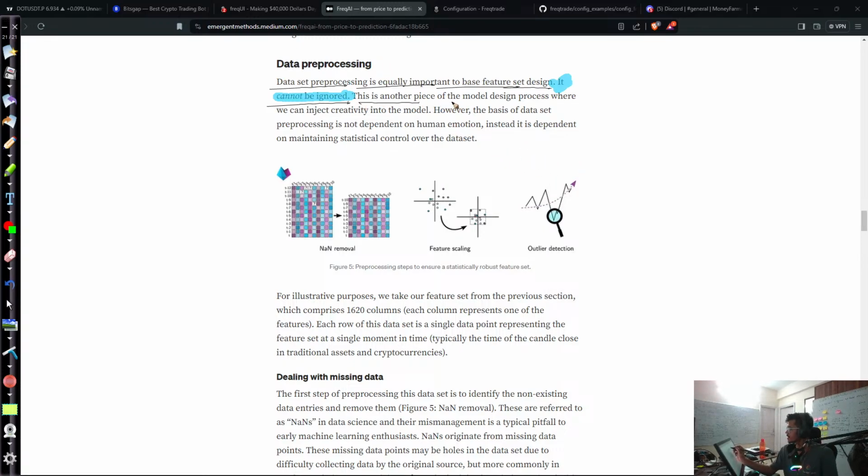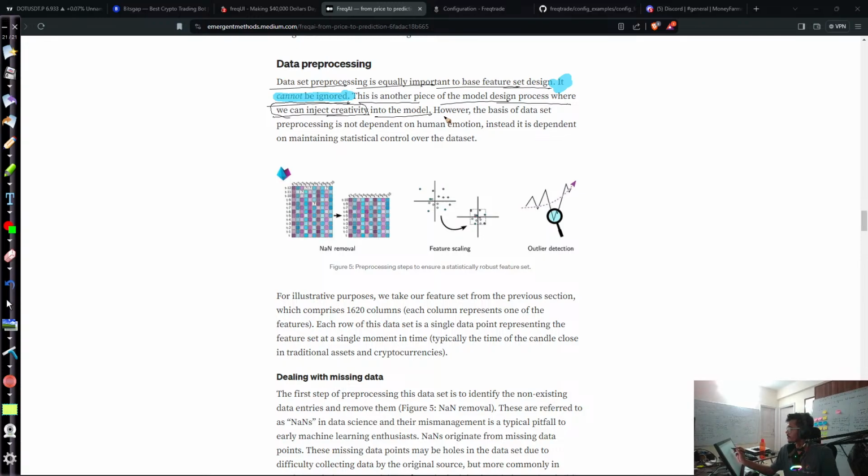So this is another piece of the model design process where we can inject creativity into the model. Okay, see, trading is a creative process. All the people who are making money, like thousands and thousands of dollars every day, they are creative. That's why they are making money.